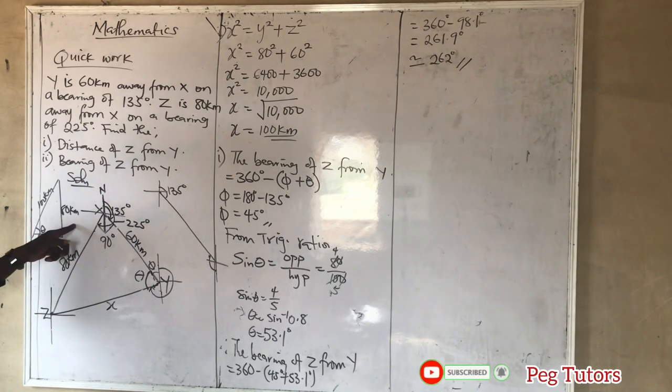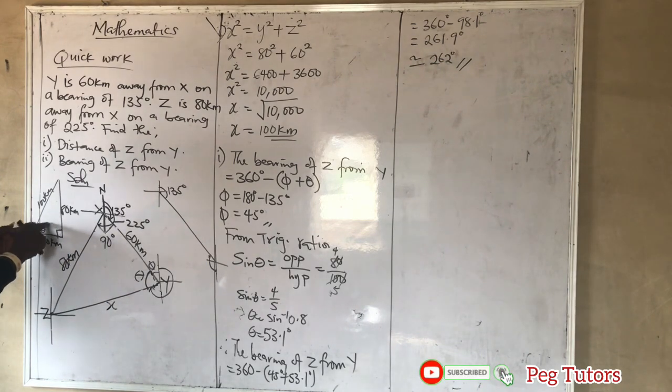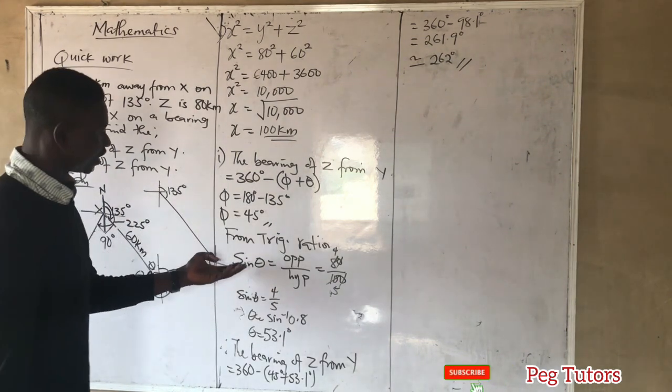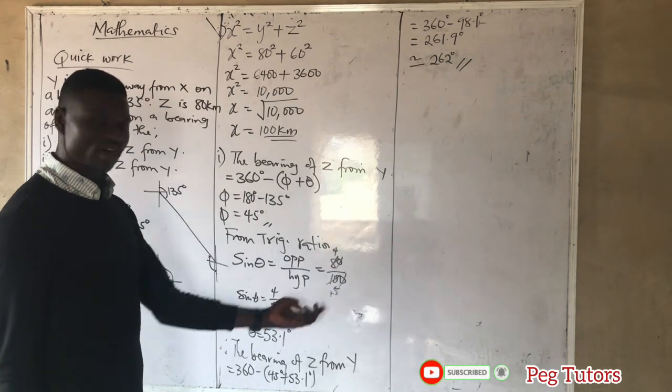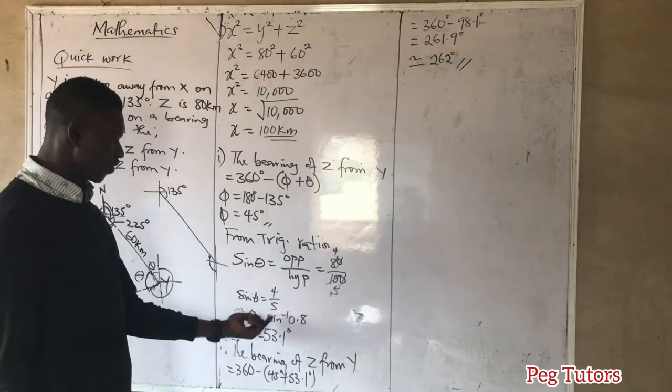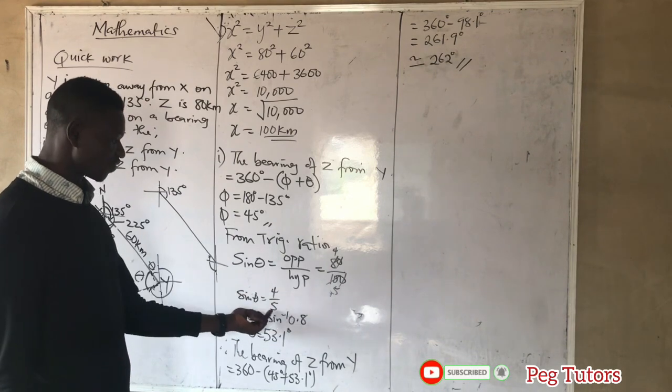Opposite the angle given. So sine is opposite over hypotenuse, which means 80 over hypotenuse, which is 100. So we have 80 over 100. We cancel out, and that gives us 4 over 5. Then sine theta is 4 over 5, which means theta is equal to sine inverse of 0.8, because 4 over 5 is 0.8.